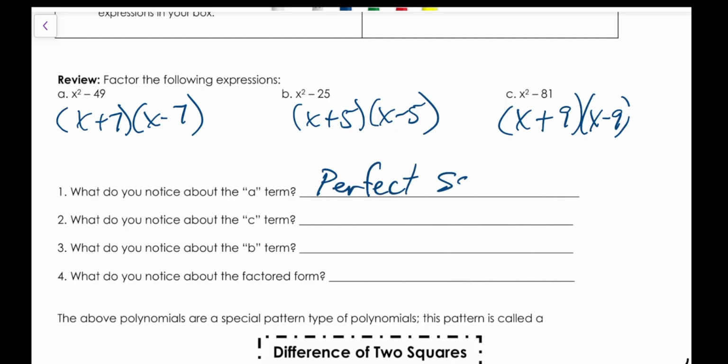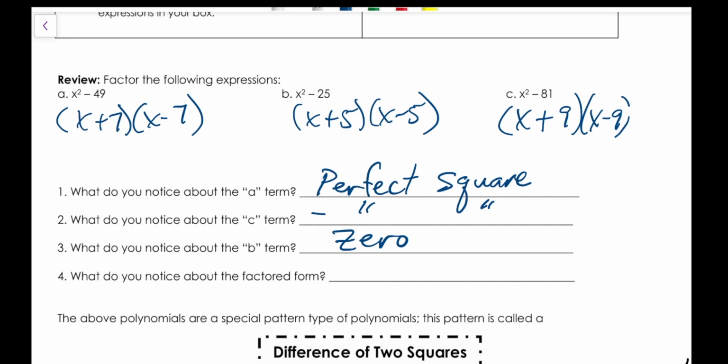It is x squared. The C term, that's the term at the last, is also a perfect square. The B term is missing. The B term is 0. And of course there's a minus sign between them, so it's a negative perfect square for the C term.